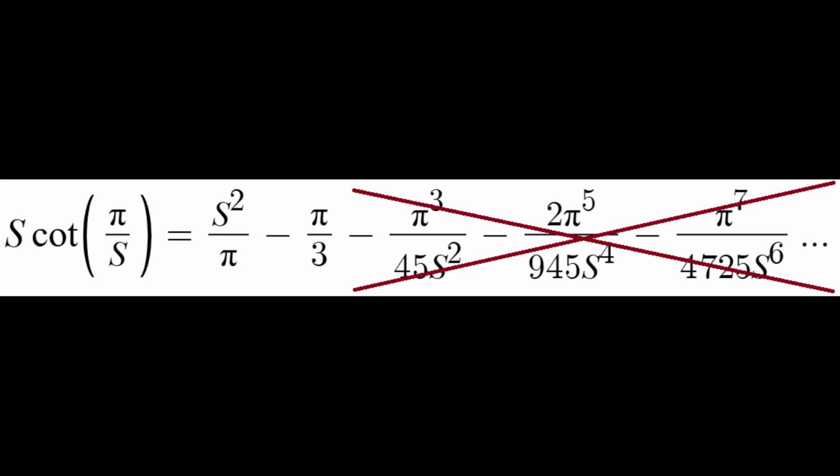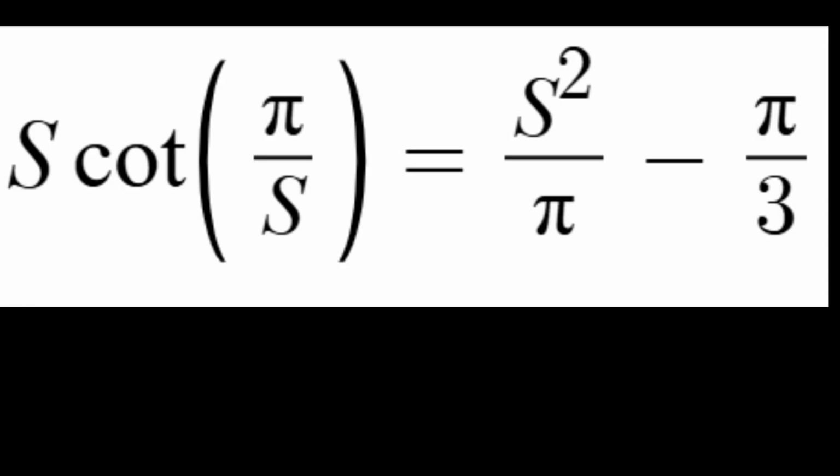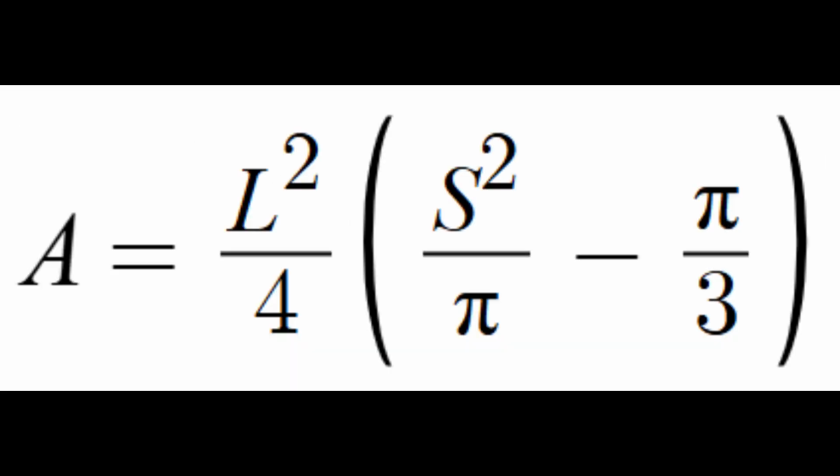Meaning that for an approximation we can ignore them as they quickly become negligible, leaving us with s times cot pi over s roughly equaling s squared over pi minus pi over 3, which we sub into our formula to get the approximation to be A equals L squared over 4 times s squared over pi minus pi over 3.